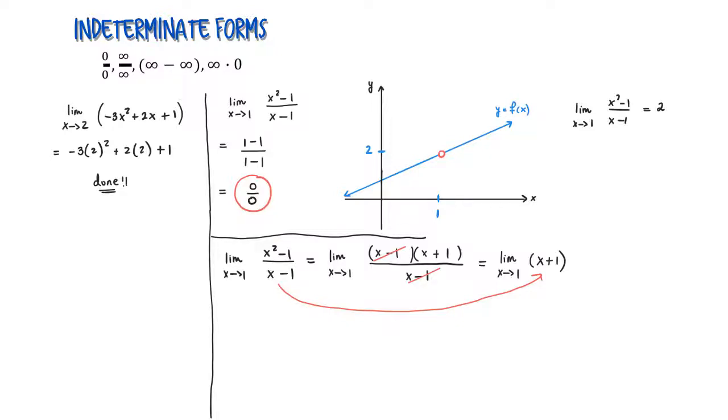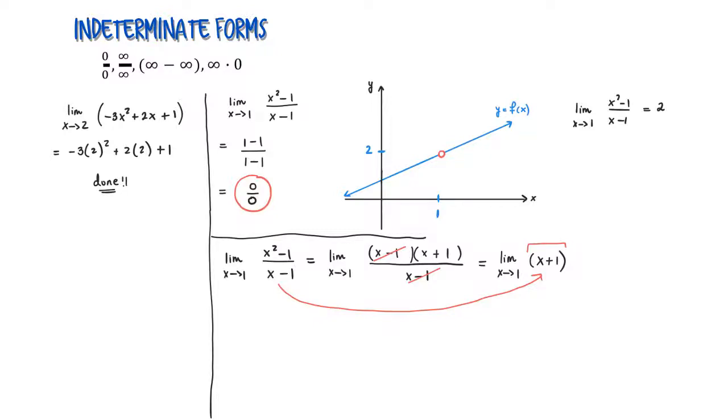So then that means that the limit at 1 of this function is identical to the limit at 1 of the linear function. So then, because the linear function, this one right here, is continuous at 1, then the limit of the linear function is identical to the limit of the rational function.